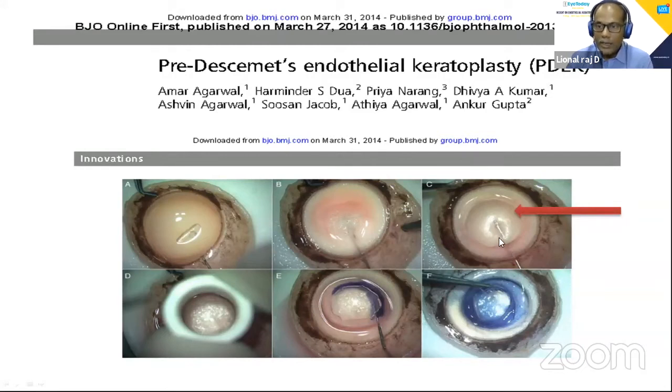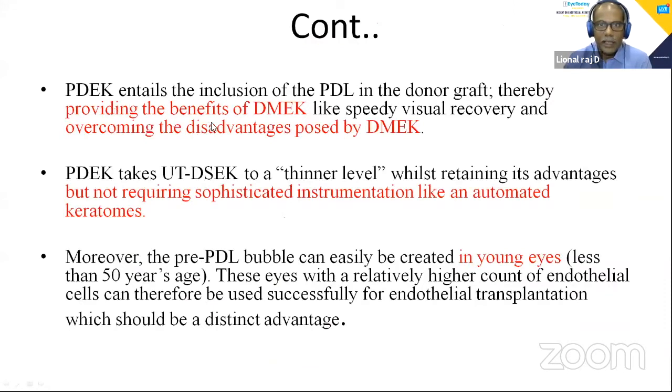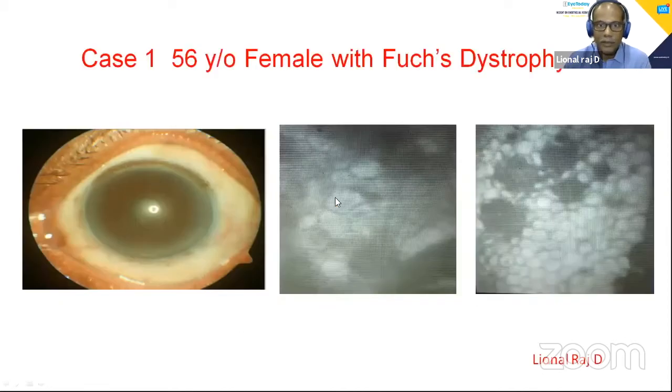We create a pneumatic separation, or an air bubble induced separation, of the pre-Descemet's layer along with the Descemet's and endothelial complex from the underlying stroma, and harvest this tissue and use it as the posterior endothelial graft complex. So PDEK is the latest iteration, and it provides the benefits of DMEK but reduces the difficulty associated with DMEK.